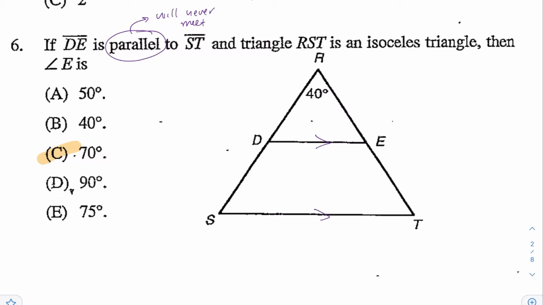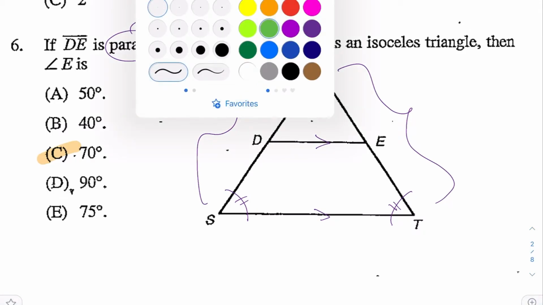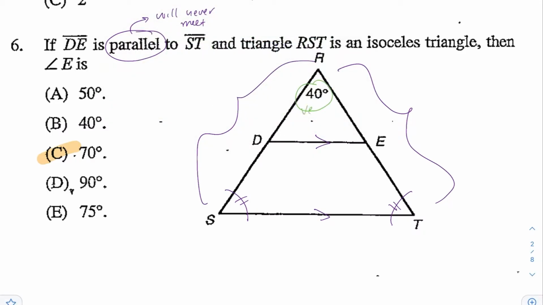So for this triangle, you know that SR has to be equal to RT. So that means that the opposite angles are going to be equal as well. So you know the vertex angle, which is up here. The vertex angle is the angle that is not equal in an isosceles triangle.